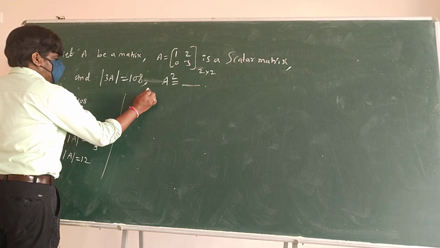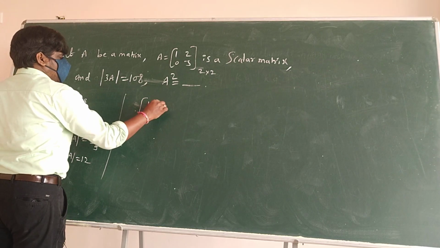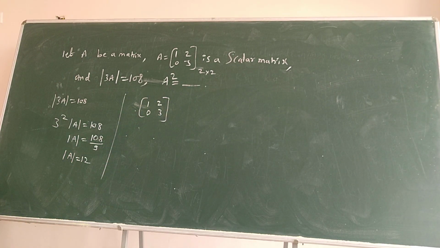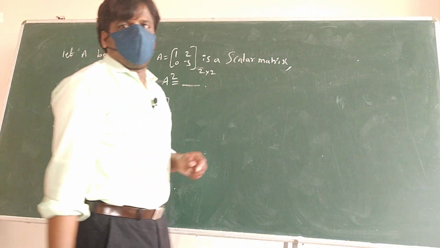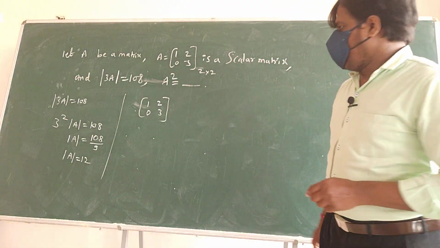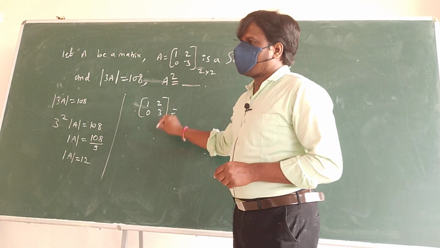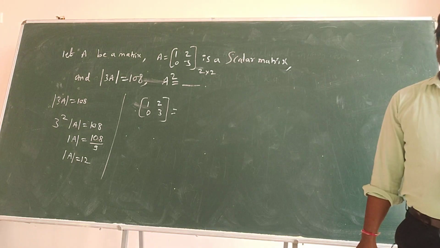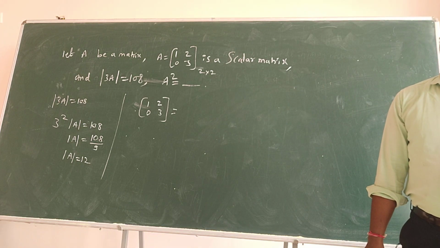A, that is 1, 2, 0, 3, is which matrix? Scalar matrix. Can you tell me what a scalar matrix is, how it will be? You don't see. Tell. Scalar matrix, how?